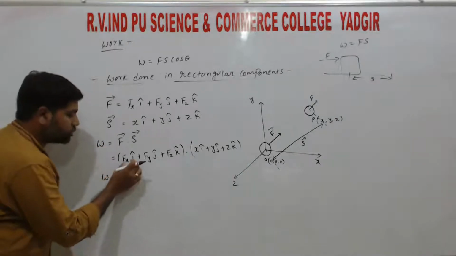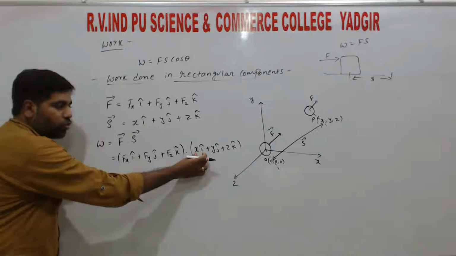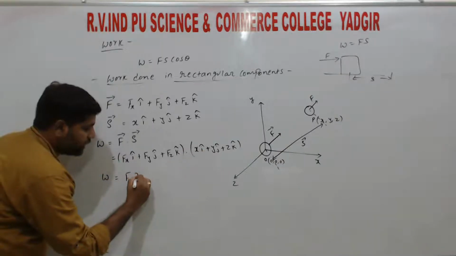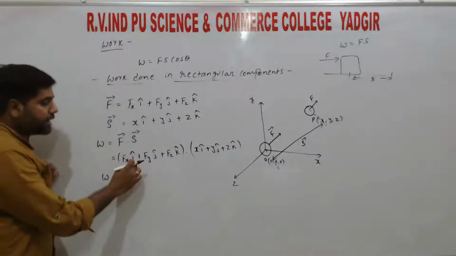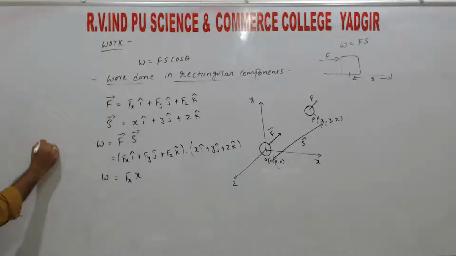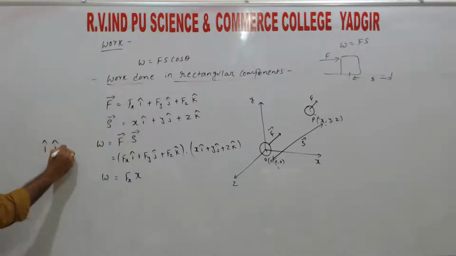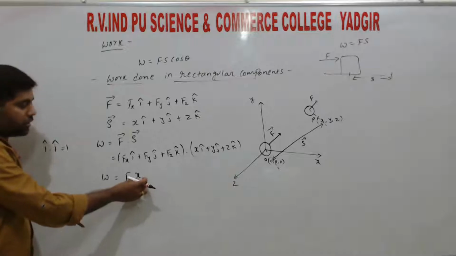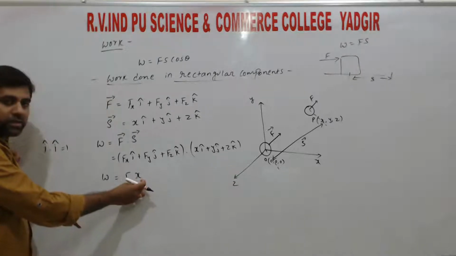W equals Fx i cap into x i cap, so we get Fx into x. i cap dot i cap, the value is 1. We have already studied this in vectors, so i cap dot i cap is 1. So 1 into Fx into x gives Fx x.